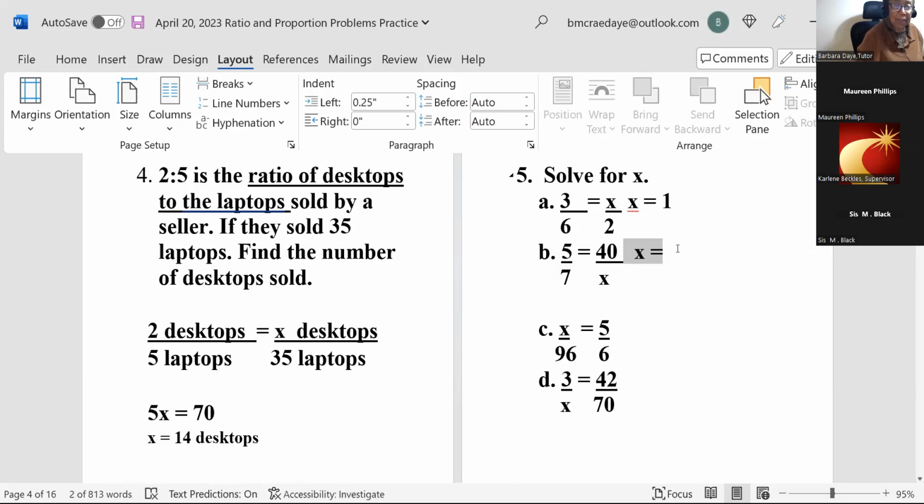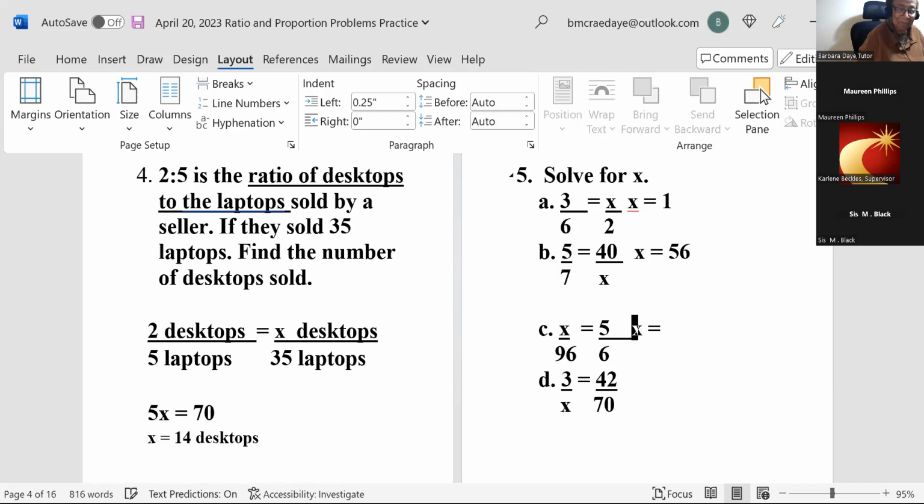Is that what you got? 56. Okay. Very good, Mercedes. What about C? I haven't done C yet. I just finished B. Let me try C now. Maureen, do you have C? X equals what? I got 9.